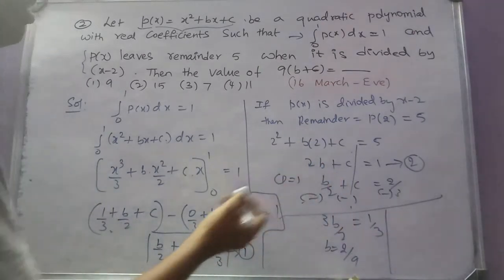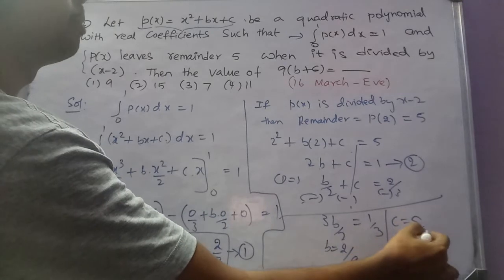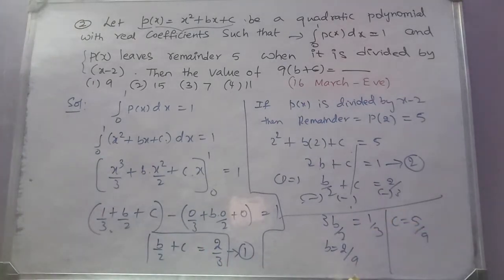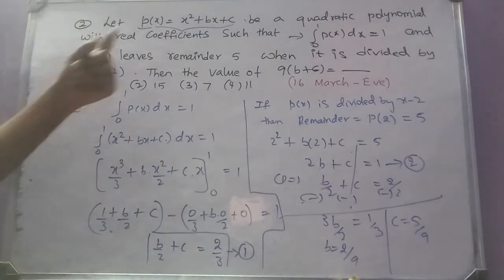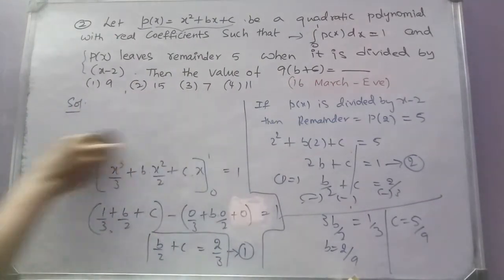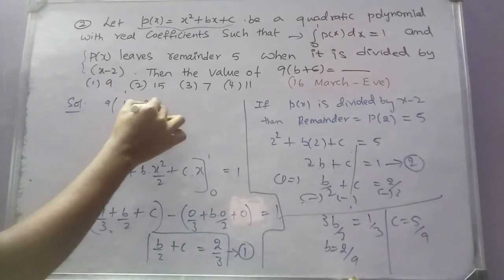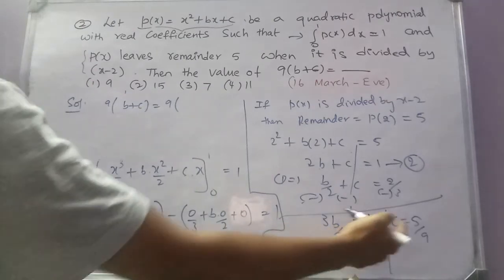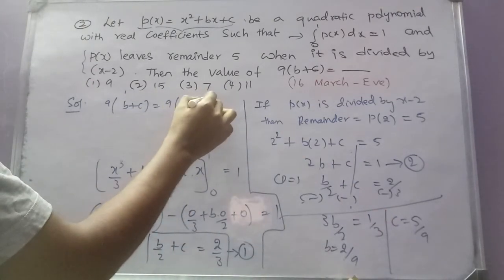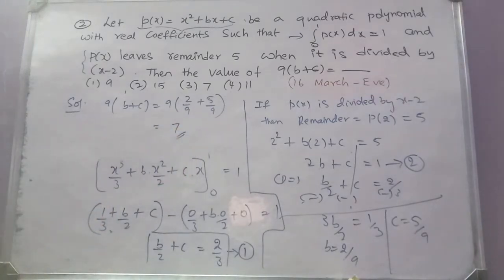If you substitute b as 2 by 9, you get 4 by 9 plus c is 1. So c is equal to 5 by 9. b is 2 by 9, c is 5 by 9. And he is asking what is 9 times b plus c. So 9 times b plus c means 9 times 2 by 9 plus 5 by 9, which is 2 plus 5. The answer is 7, right? So the option is the third option.